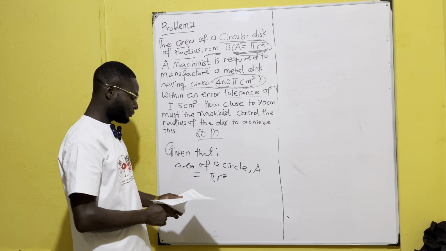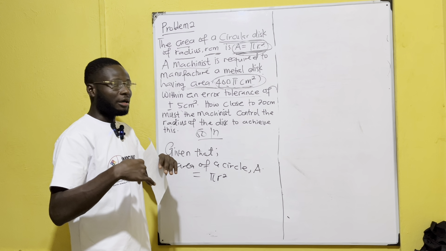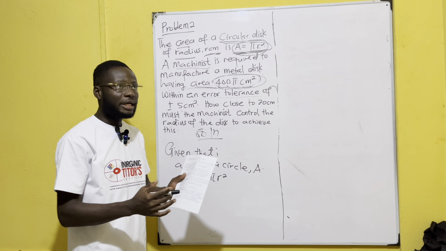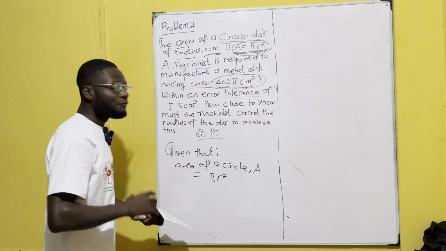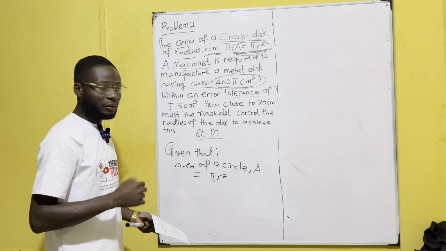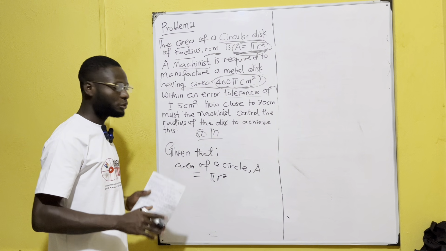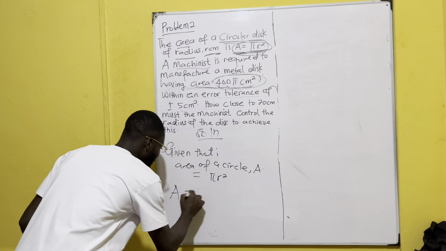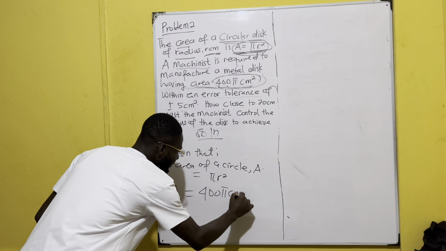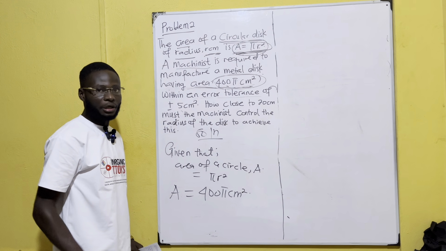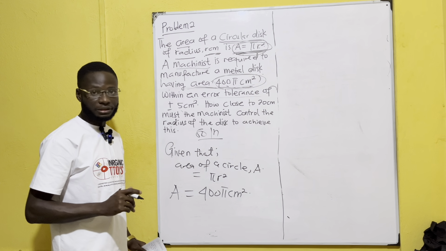Okay, now we want the area to be exactly 400 pi centimeters squared, right? So we want the area to be exactly 400 pi centimeters squared. So how are we going to do this? Let's write that first. So the area, I want it to be 400 pi centimeters squared, according to the question.